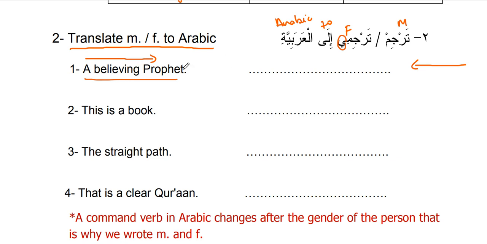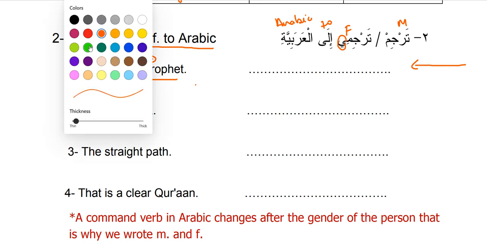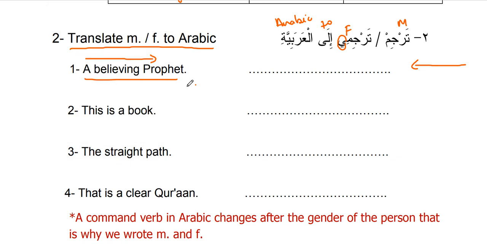A believing prophet. So you need to go from right to left. So you need to flip the sentence. So what is the last noun? Prophet. And you check this sentence is a nakira sentence.